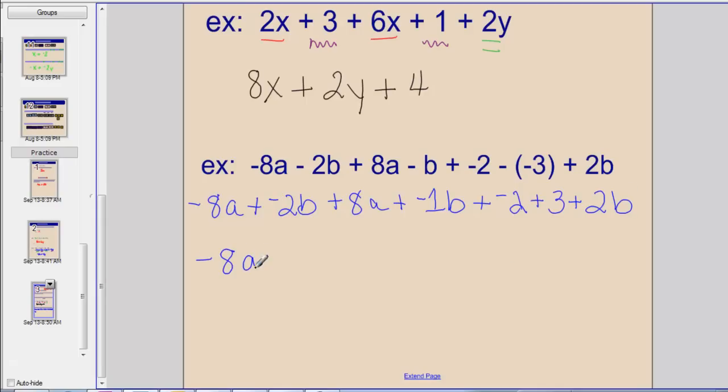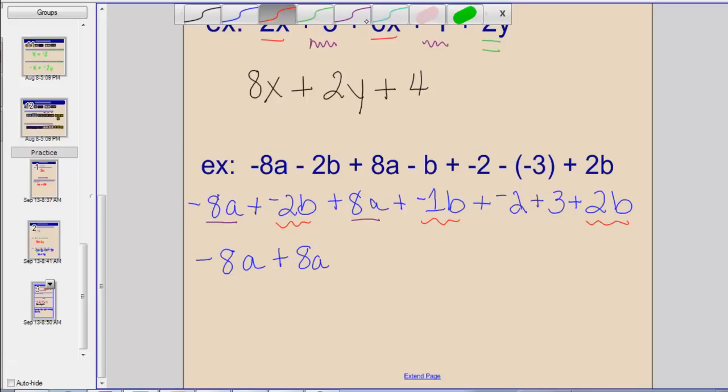So why don't I add that extra step in here? I'm going to put my a's together. I'm going to underline before I do that actually. So here's my a's, here's my b's, and here's my two constants.